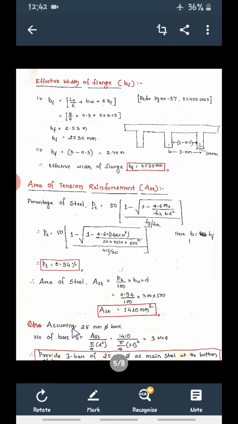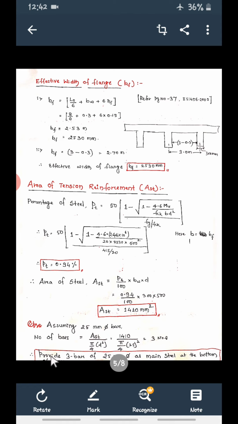Assuming 25 mm diameter, what is the number of bars? Total AST divided by area of 1 bar. So total AST is 1410 divided by pi by 4 D square, diameter 25 we are assuming, 25 square. So 3 numbers. For the main steel at the bottom of the beam, we require 3 numbers.